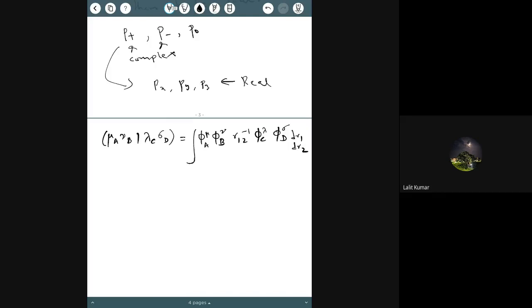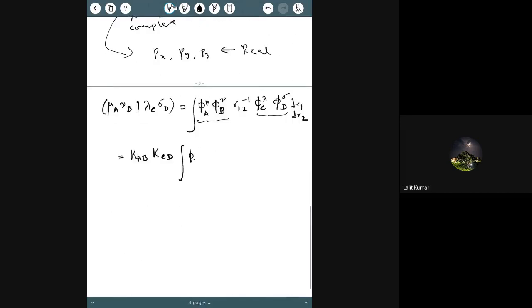And let's say I apply the product rule on A and B and C and D, then this AB will give me KAB, the constant, and C and D will give you the CD constant, and I will have phi, some Gaussian function P of R1 minus RP, into phi, some other Gaussian function Q of R2 minus RQ, integrated over dr1 dr2.